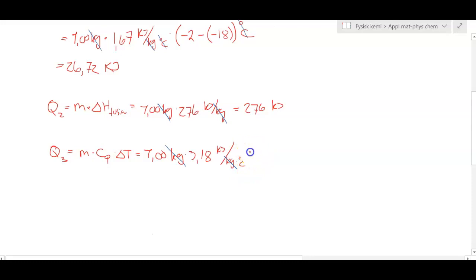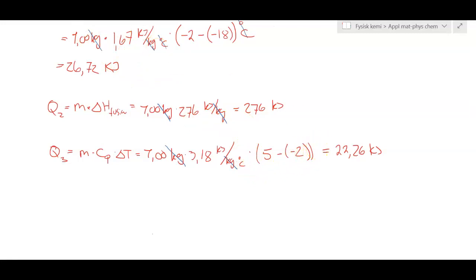So times, end temperature was 5 degrees centigrade minus 2 degrees centigrade. So that is 7. So that ends up with 22.26 kilojoules.